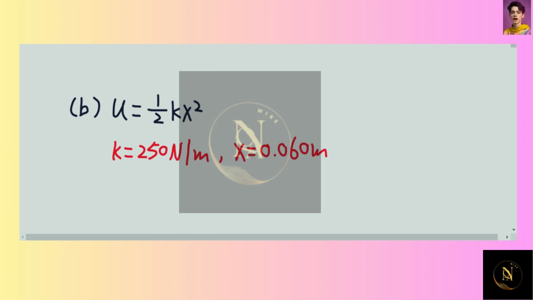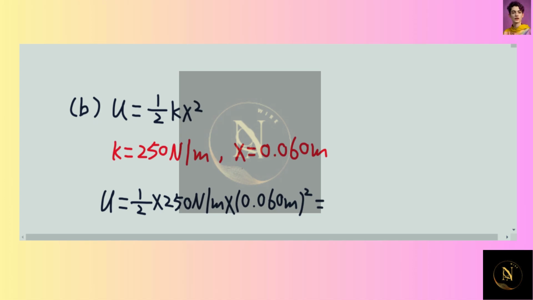So therefore, let's determine the energy of the system, which is equal to 1/2 times 250 Newton per meter, and then times 0.060 meter squared, which will give us the energy of the system is about 0.45 joule.